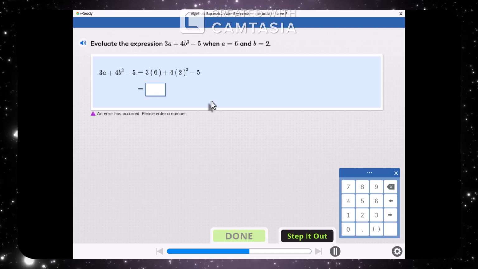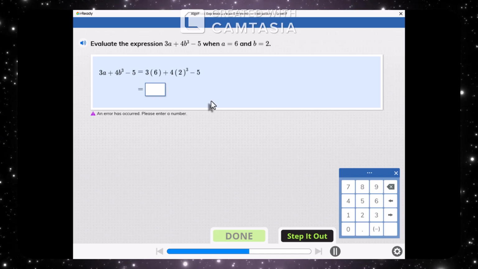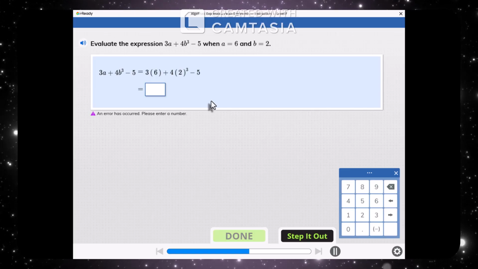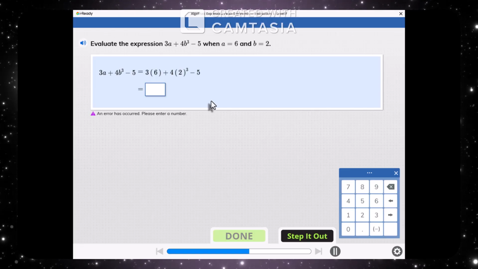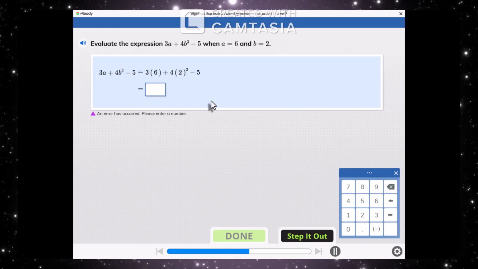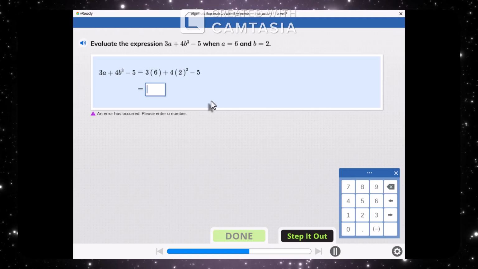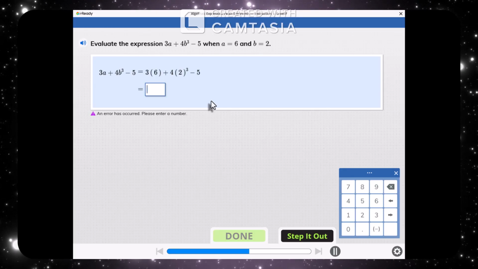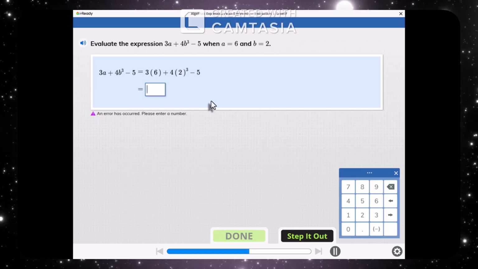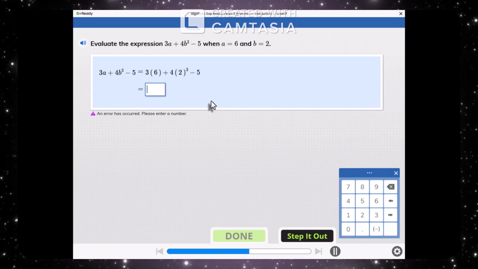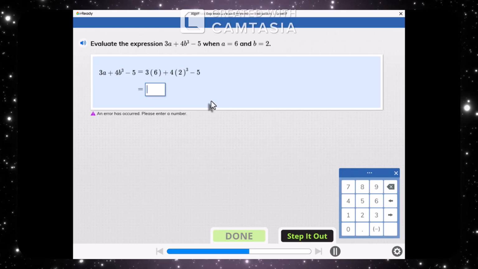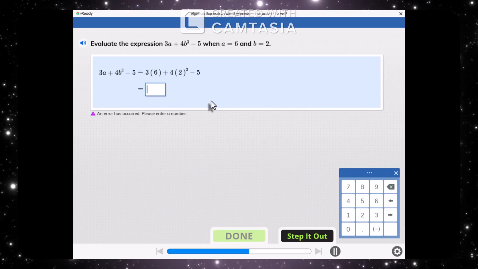3 to the power of 2 to the power of 3 is 2 times 2, which is 4. Times 2 again, which is 8. Okay. And 8 plus 4 is 12. And then 18. Wait.